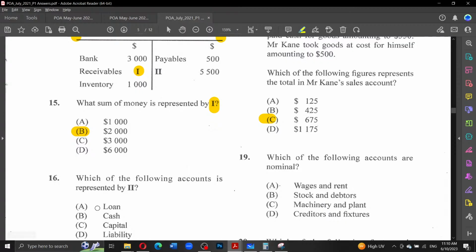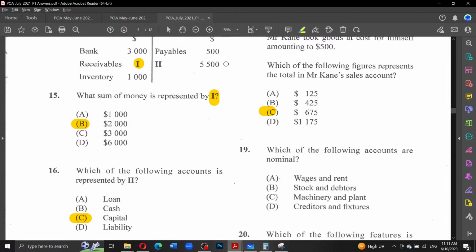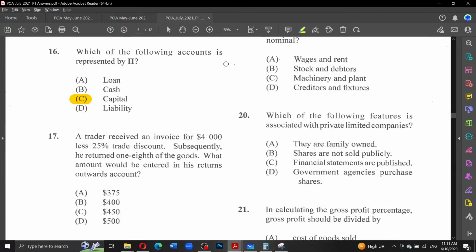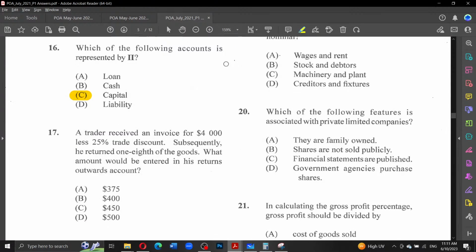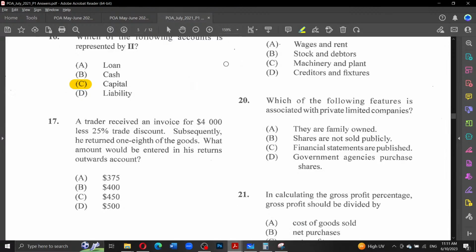While loan and capital can be correct, I think we should go with capital. Loan is a liability, so loan can also come here. Therefore this question has more than one answer to me. But the better answer would be C, as in capital, using the accounting equation.